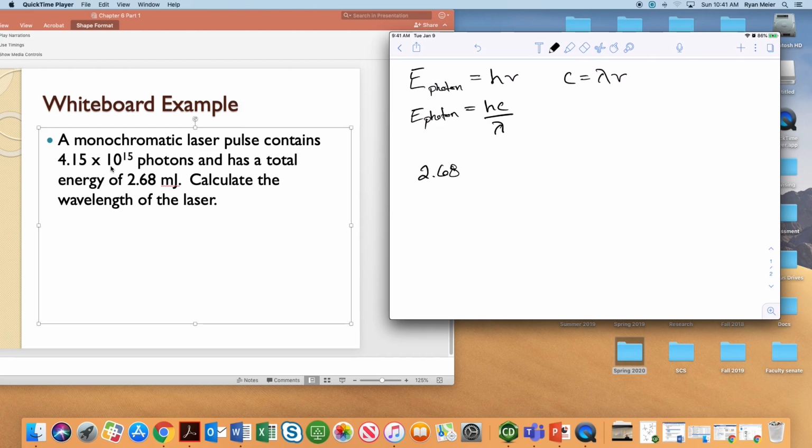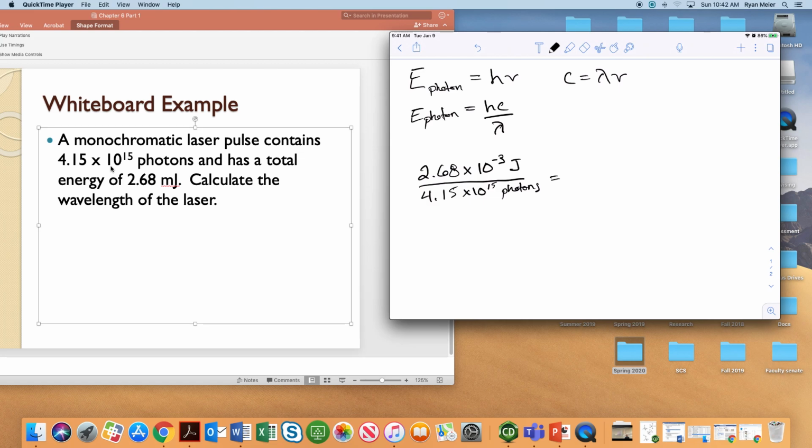2.68 millijoules, which that milli prefix really means 10 to the minus 3 joules, that's our total energy. If I divide that by our total number of photons, 4.15 times 10 to the 15th photons, that now is going to give me my energy per photon.